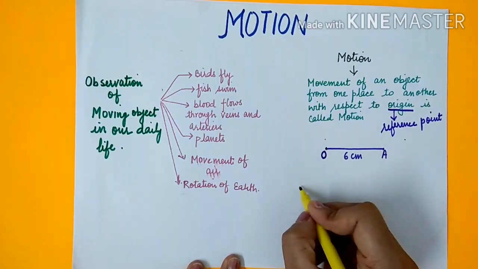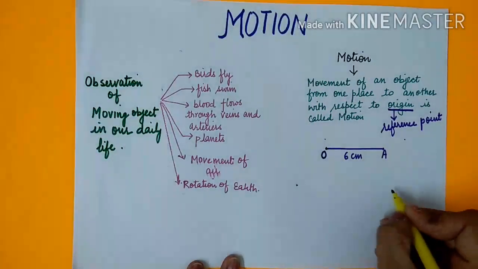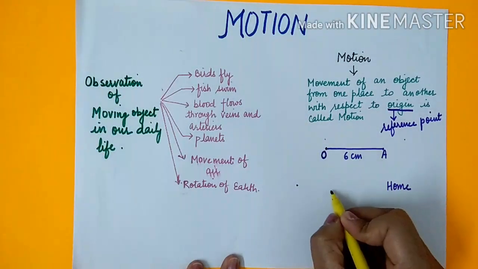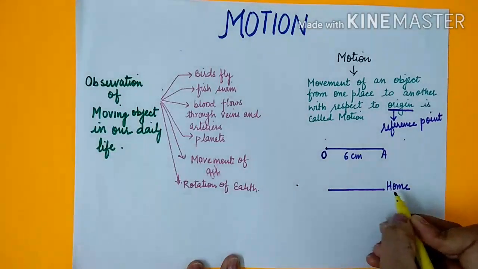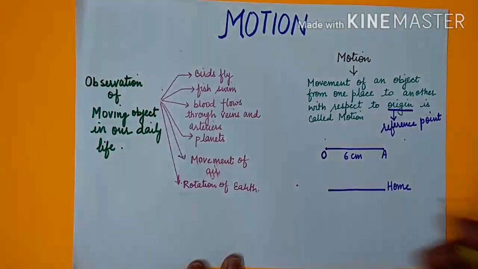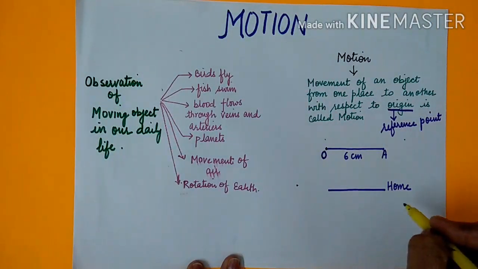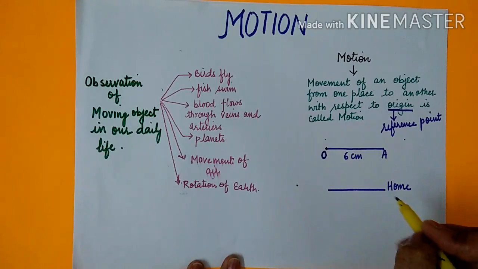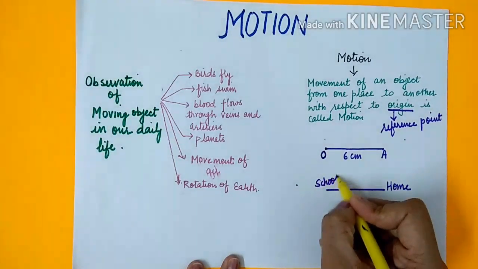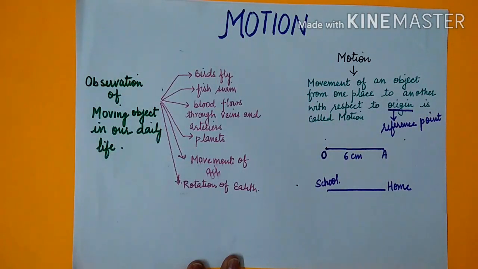Let's take another example. If you say that your home is 4 kilometer far away, that statement is incomplete.